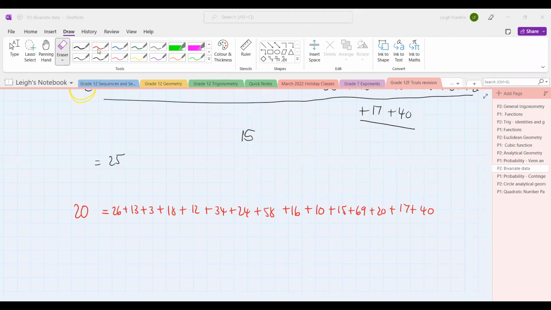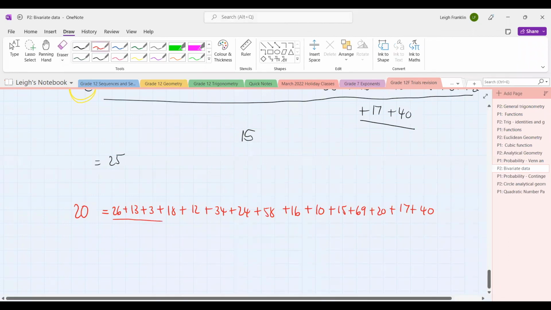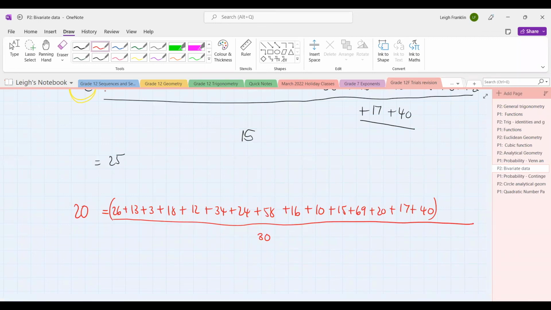Okay, so that means that we need to divide this by 30. So that's the first 15 days. What are we going to call the remainder of the month? So the next 15 days. What do we call anything in maths when we don't know what its value is?